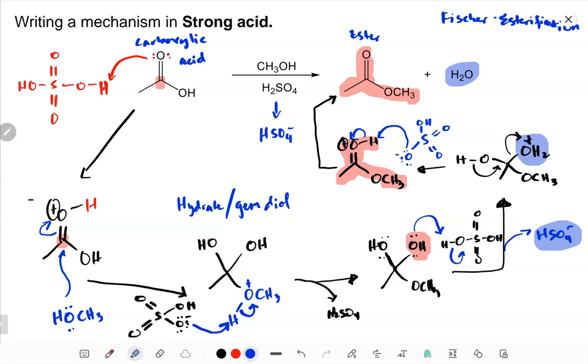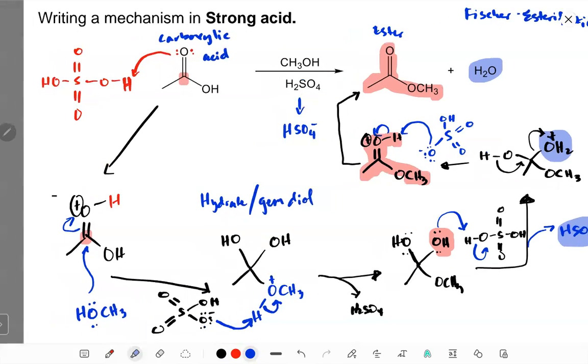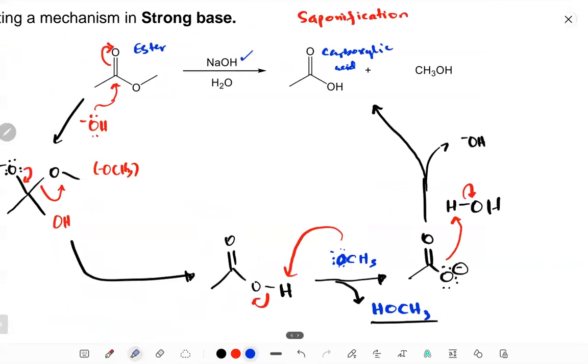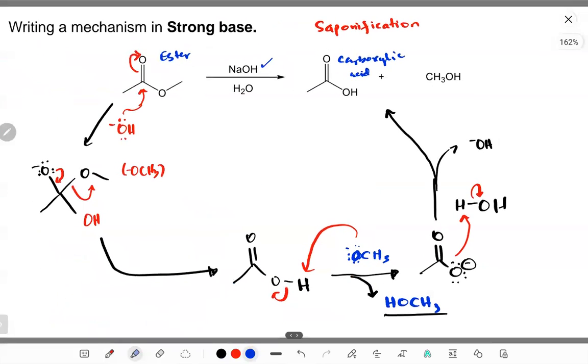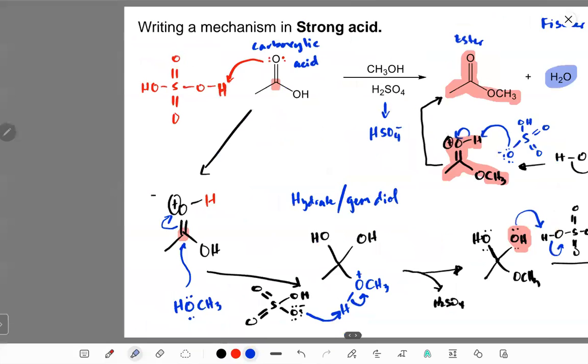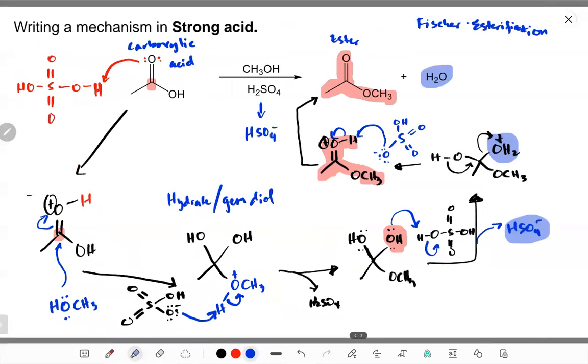Okay, so that's how you are going to write a plausible mechanism for reactions under strong acidic conditions. Did you see the difference? In strong basic conditions, the dominant species are negatively charged, but in strong acidic conditions, the dominant species that exist along the course of the mechanism are positively charged.